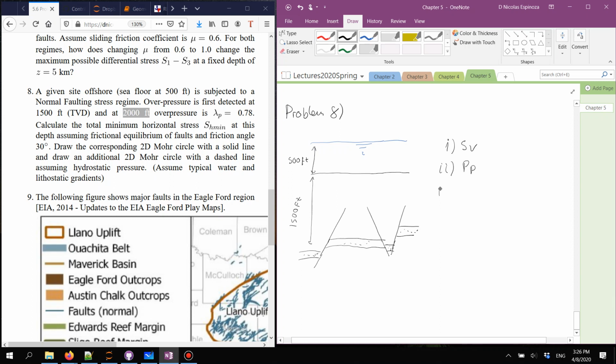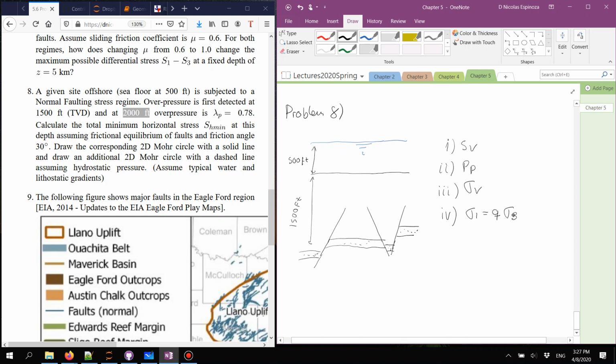From those two, you calculate the effective vertical stress. Once you know the effective vertical stress, instead of using the equations of elasticity as we did before, you're going to have to use this new equation that relates sigma 1 and sigma 3.